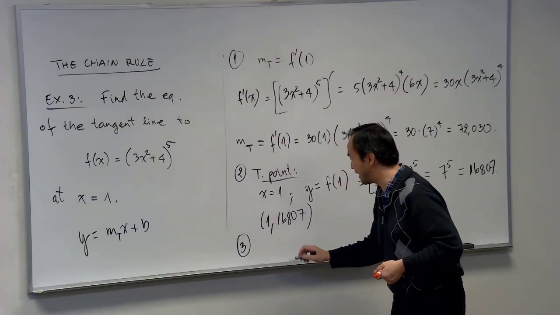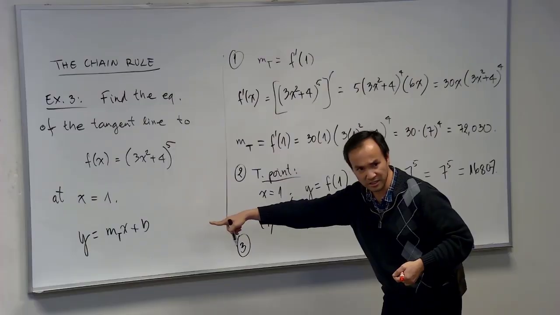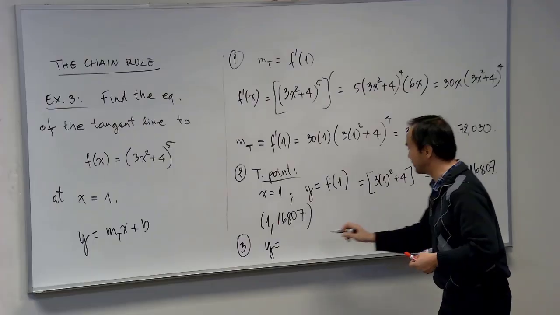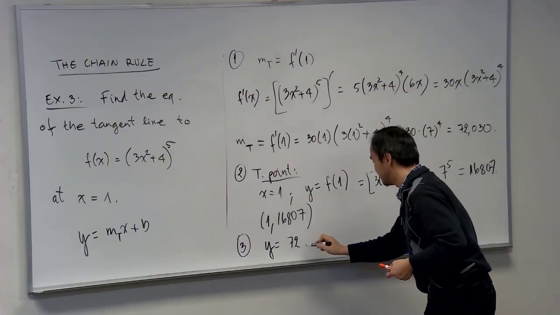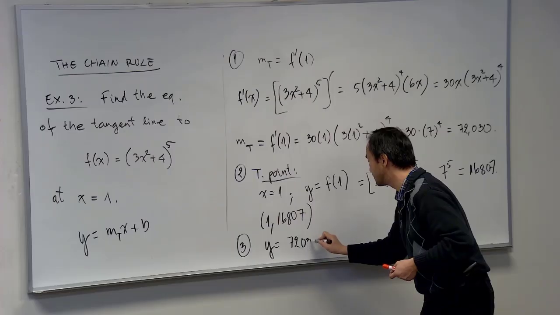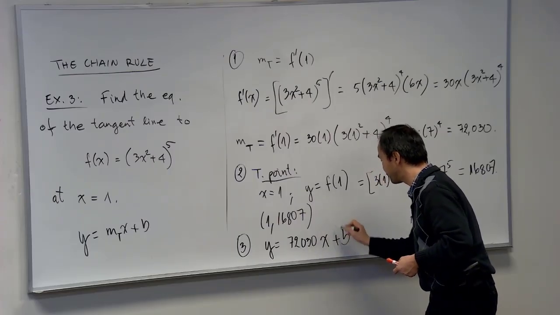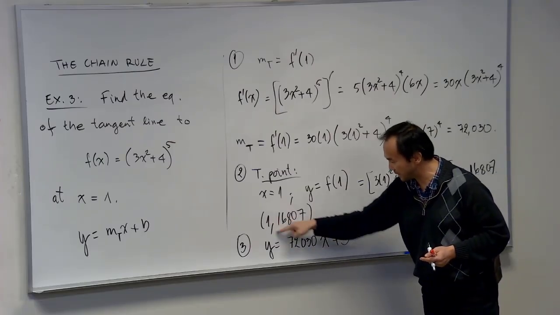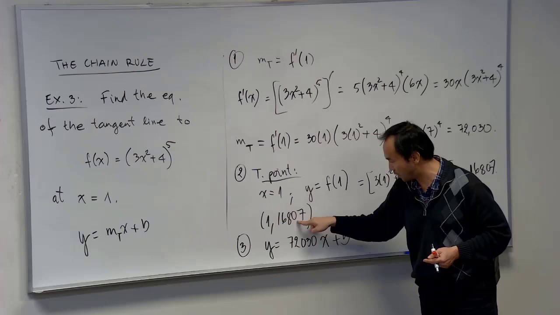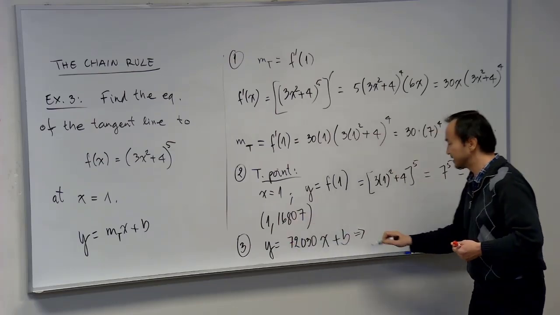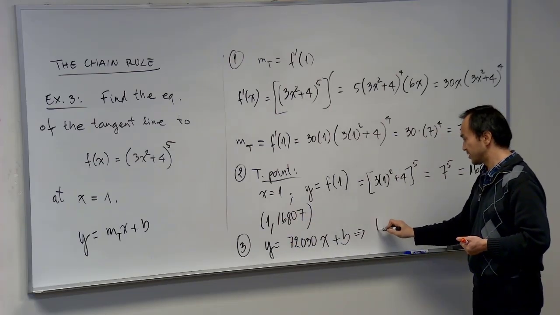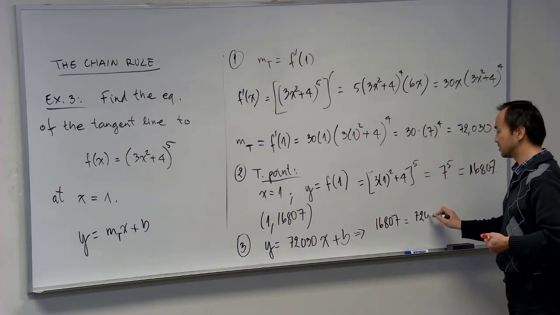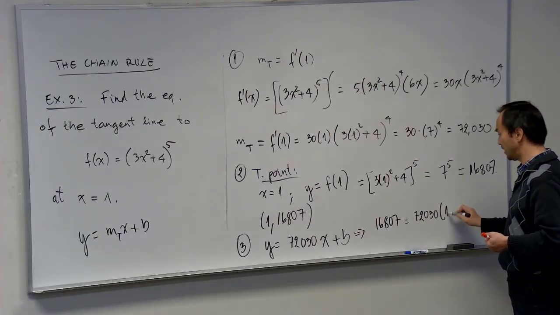We're going to get the b value. So our equation of the tangent line at this point is halfway completed, right? y equals the slope, which was found to be 72,030, times x plus b. Okay. And now I'm going to substitute this pair of values, x for x, y for y. So that now means 16,807 is equal to 72,030 times 1, plus b.